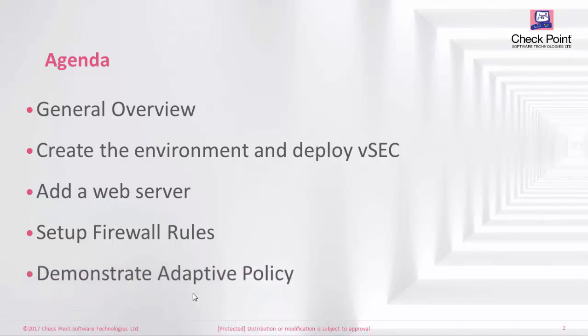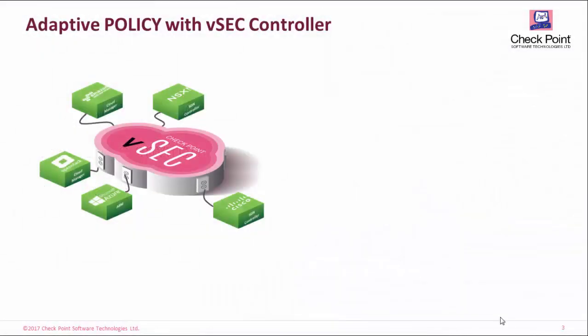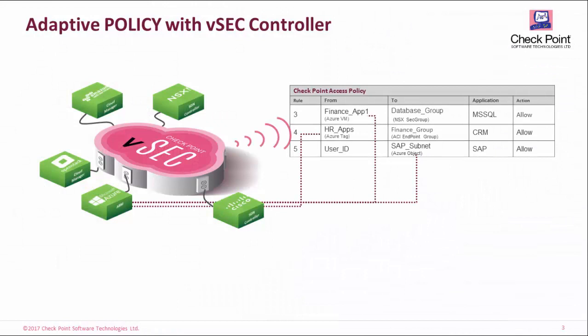On the next step, I'll show you the adaptive policy feature, which is actually the ability to create a policy with objects taken from our Azure platform and set them inside our policy. The benefit of doing this is, first, we do not need to create an object for every VM that exists on Azure.